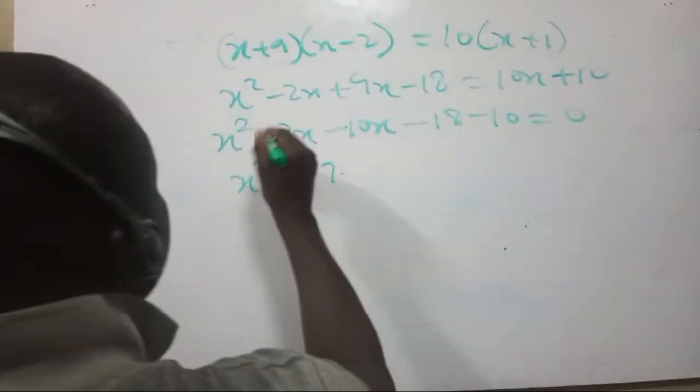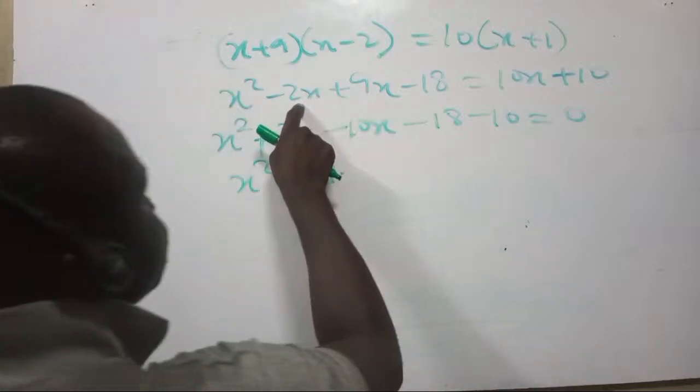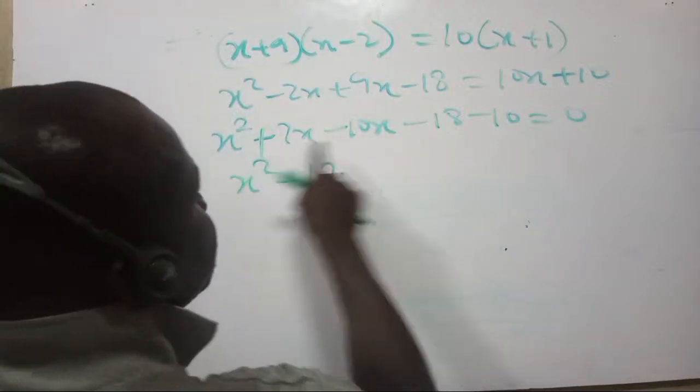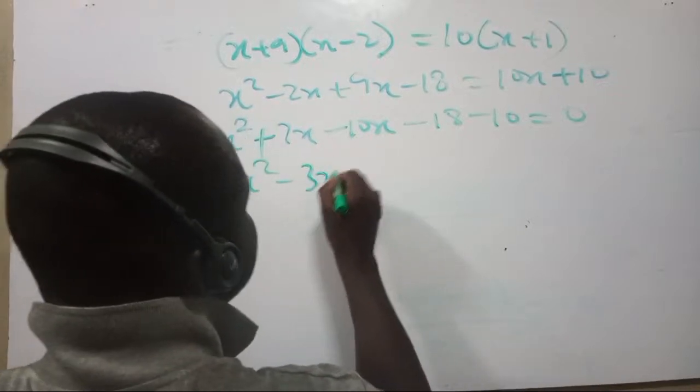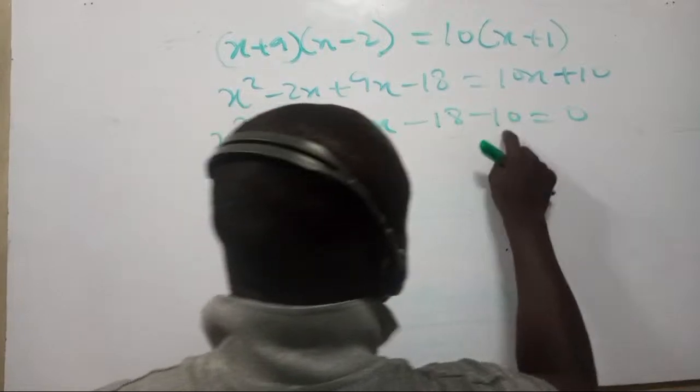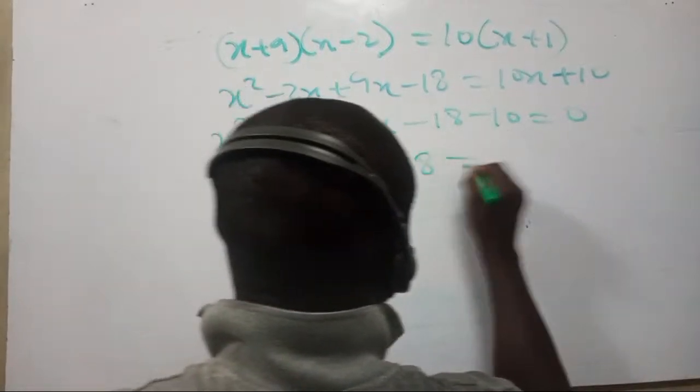Here is plus 7x because 9 minus 2 is 7. Then 7 minus 10 will be minus 3x. Then minus 18 minus 10 will be minus 28, equal to 0.